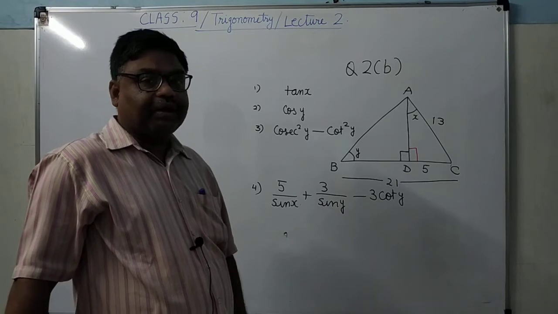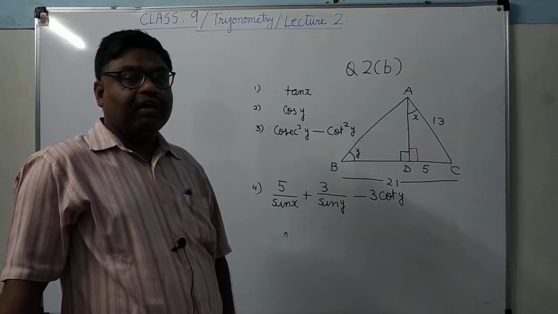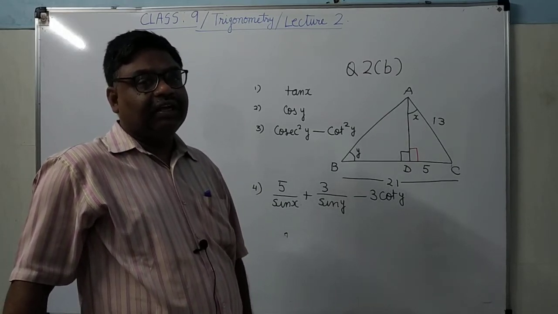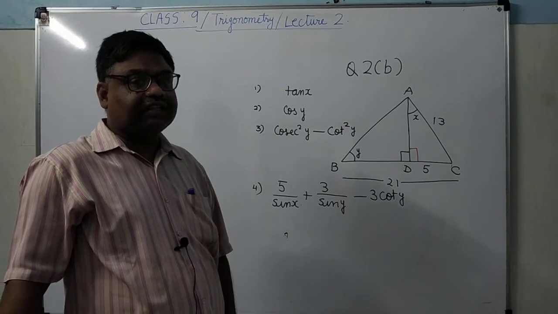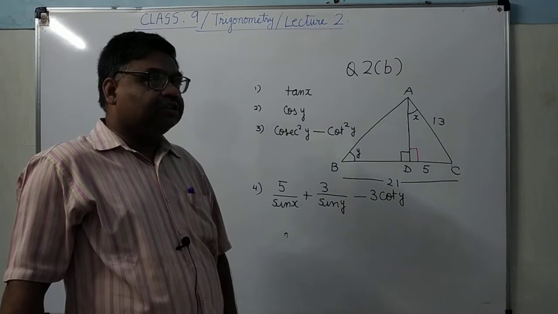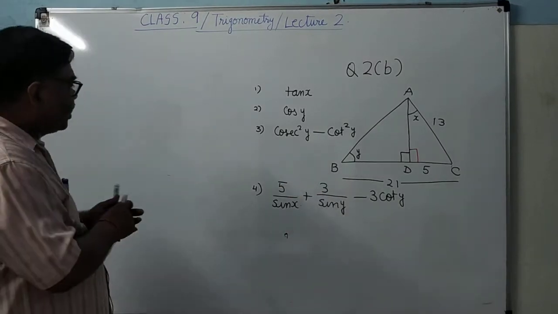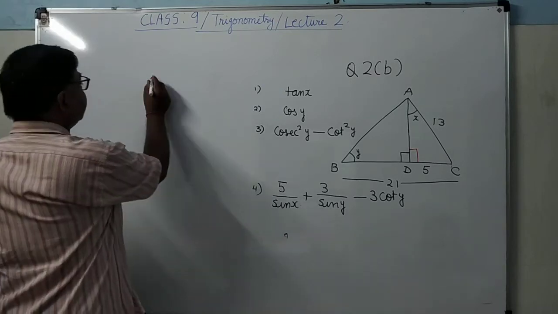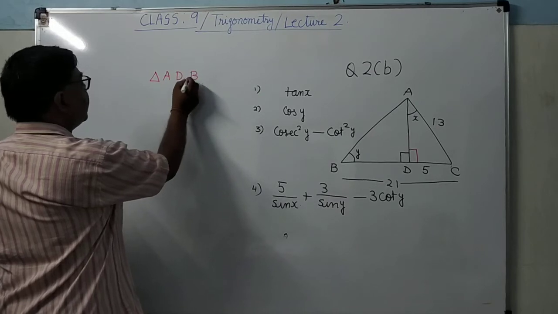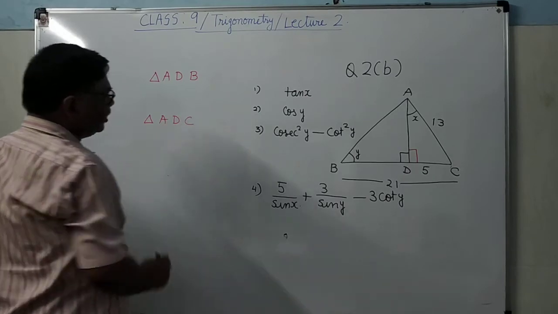But before determining the trigonometric ratio, you should know the values of all the three sides of that triangle. It's clear? So how will you determine? First you see that there are two right angle triangles, ADB and ADC.